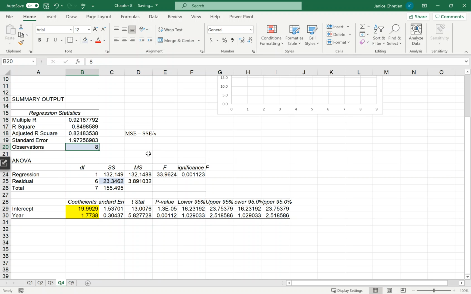So to get my MSE, and there it is, to make sure we have it at 4 decimal places, 9183.